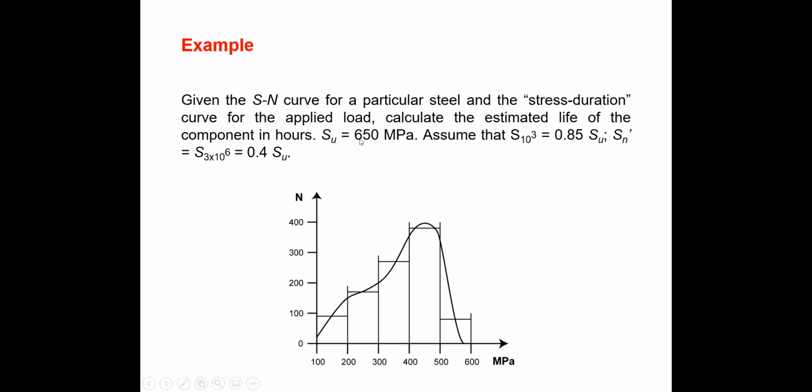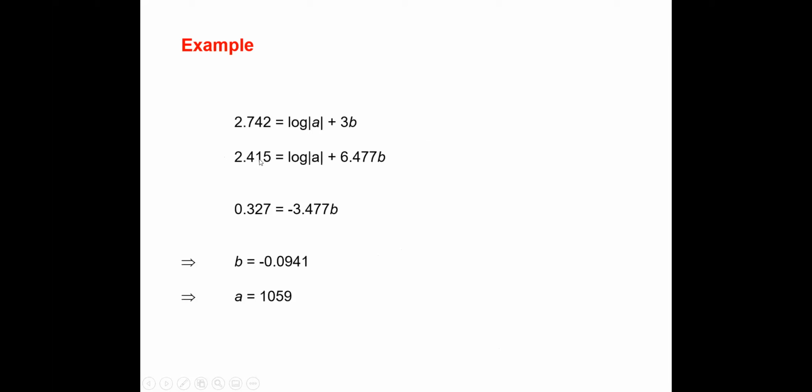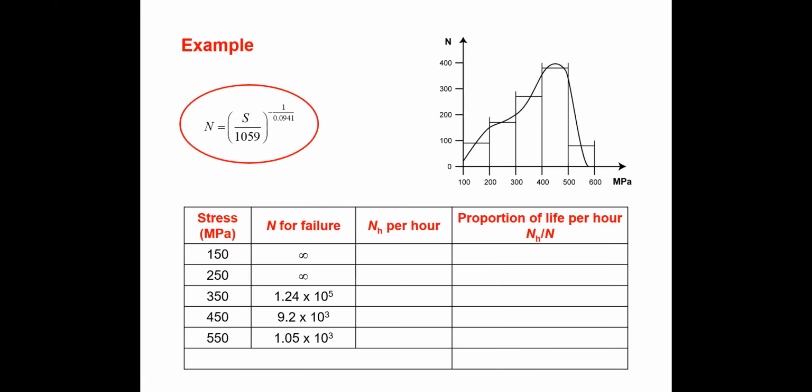This will be around 260 megapascal. Below 260 megapascal, it is not overstressing. So the endurance limit is 260 megapascal. Are we clear? 150 and 250 are below 260, so you don't want to use this equation. It is infinite.